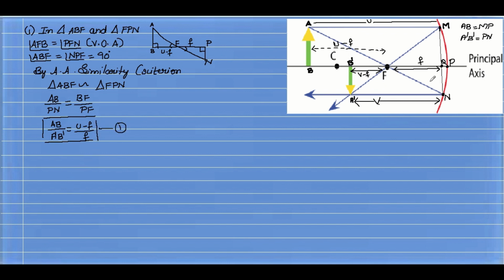Next we need to compare the next two triangles, that is A dash B dash F and FPM.